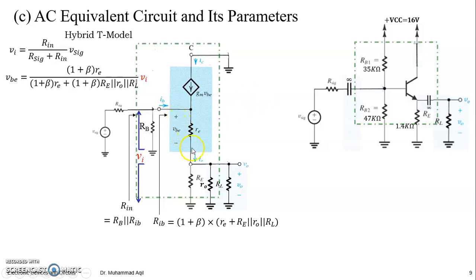Then how about VBE? VBE will be a part of Vin because Vin will be across RB and across this RIB, right? RIB is the whole resistance here, and this RIB is then distributed into two resistances, this one and the parallel combination of this one, right?